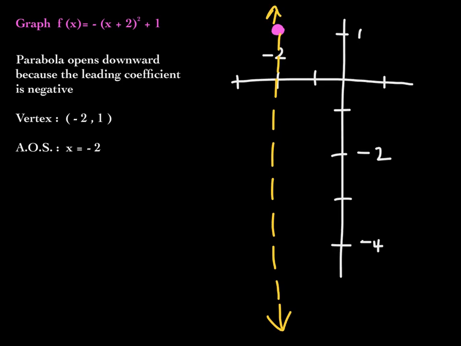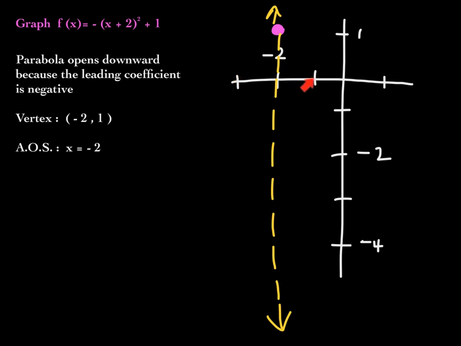We know it's opening downward from that vertex. Let's find 2 additional points. I recommend that you plug in an x value that is close to -2. So I suggest -3 or -1.